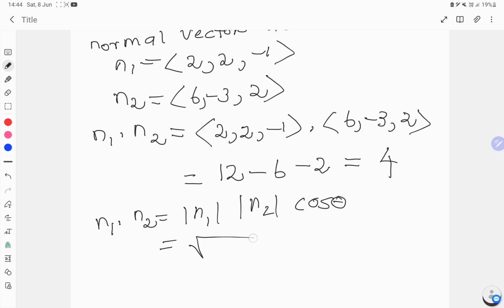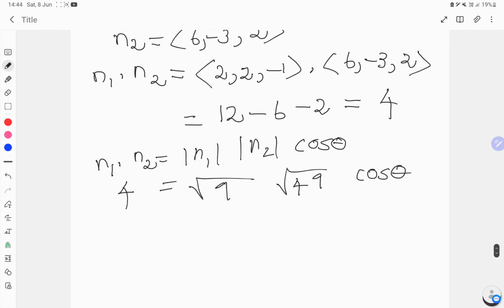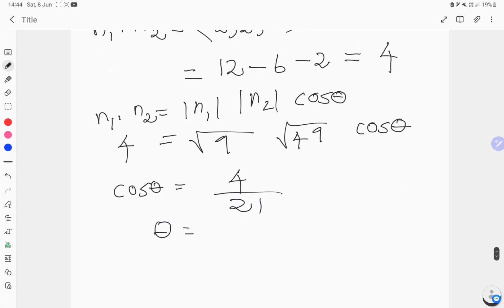We find the magnitudes, this gives 9 into 49, cos theta equals 4. Therefore, cos theta equal 4 over 21. Theta equal cos inverse 4 over 21.